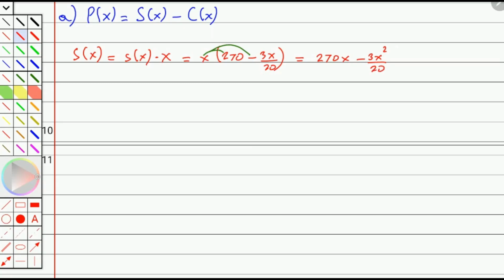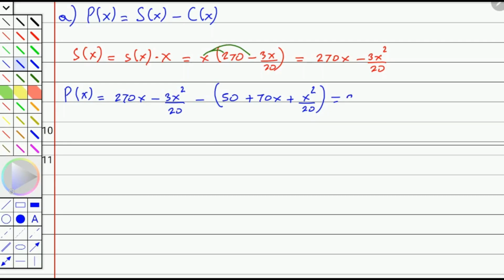And now we can find P of x, which is going to be the sales, 270x minus 3x squared over 20, minus the costs in brackets, 50 plus 70x plus x squared over 20. We can get rid of the brackets by changing all the signs inside, equals 270x minus 3x squared over 20 minus 50 minus 70x minus x squared over 20.